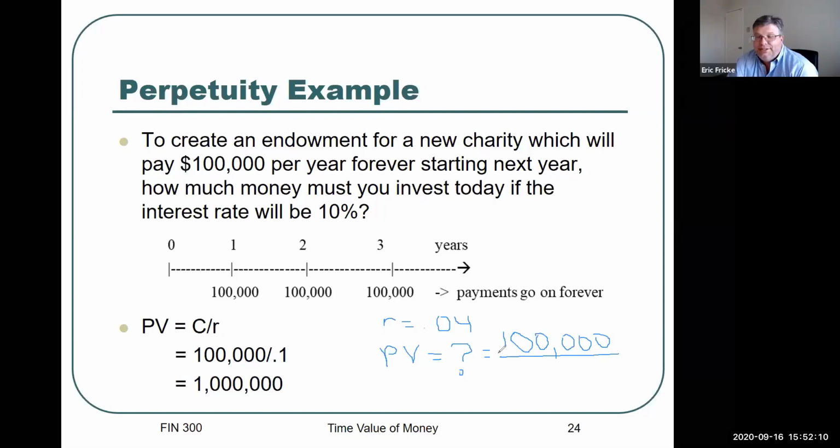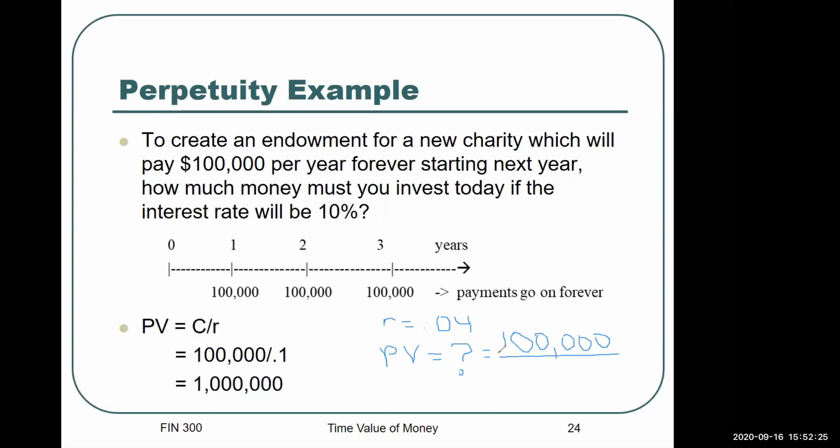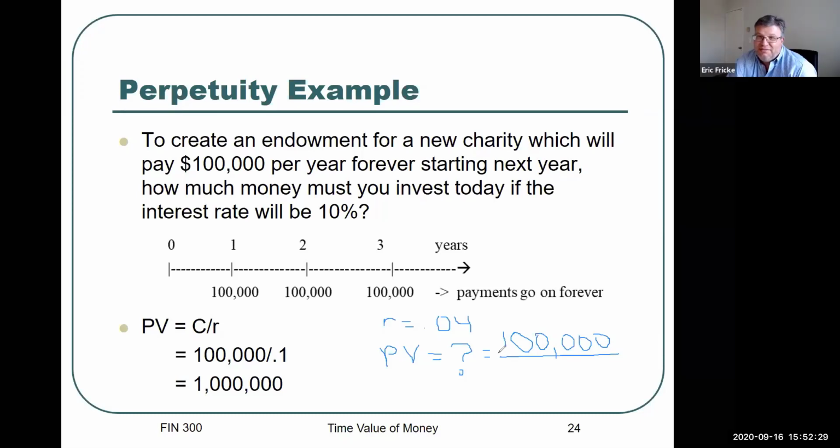The university uses 4% because, you know, you have to assume this is going to last forever, right? And so you can't always assume you're going to get the stock market return of like 7 or 8% every year. Long-term bonds typically are in the 3 to 4% range. So it's kind of a conservative number. Right now, long-term bonds might be a little lower, but you kind of have to take a longer historical view.